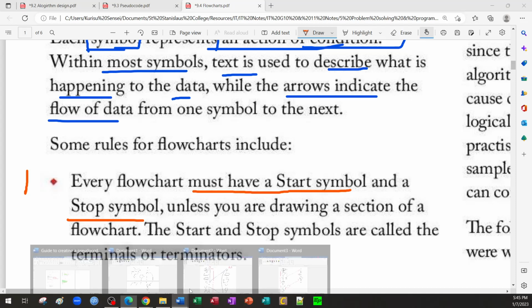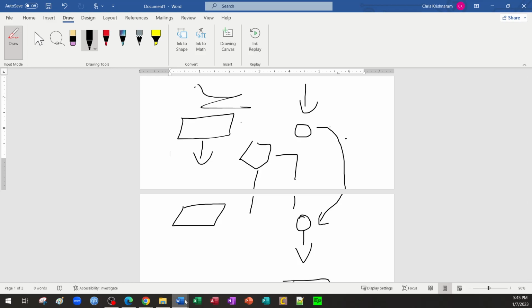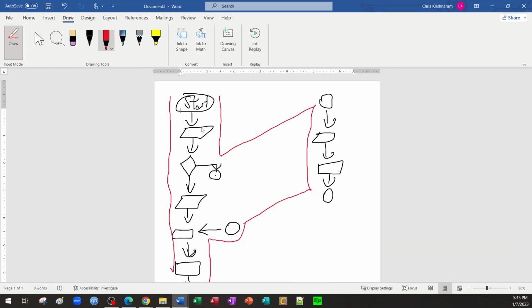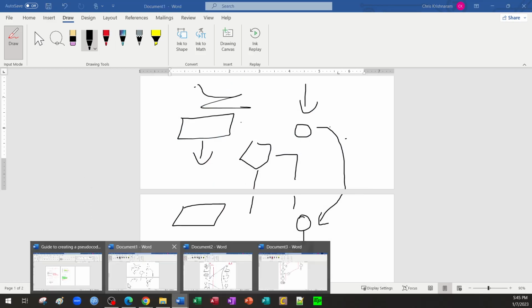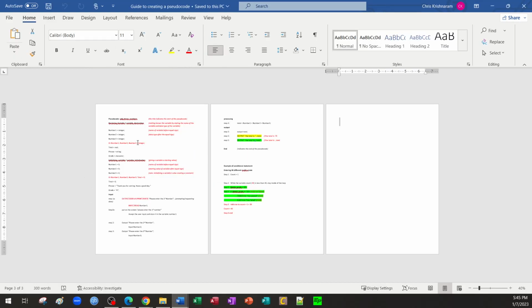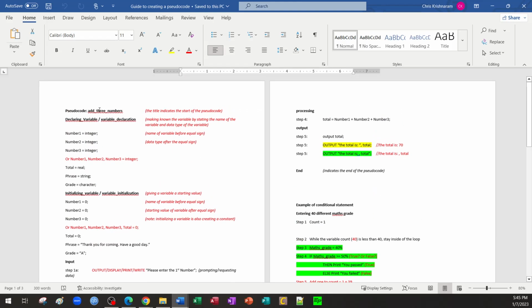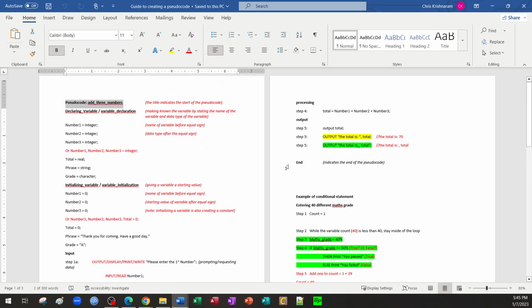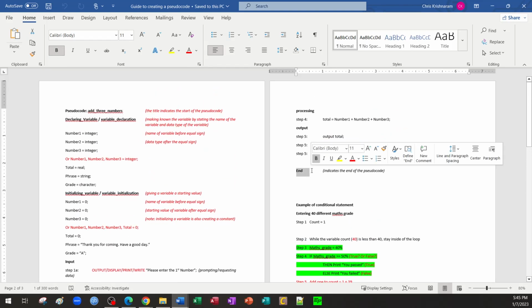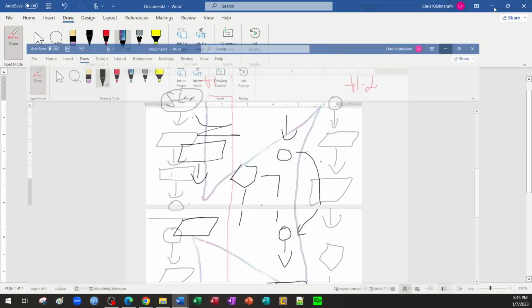That's what I've been saying when we were covering the connectors, that you must have that start symbol, you must have that stop symbol. Just like in your pseudocode once again.